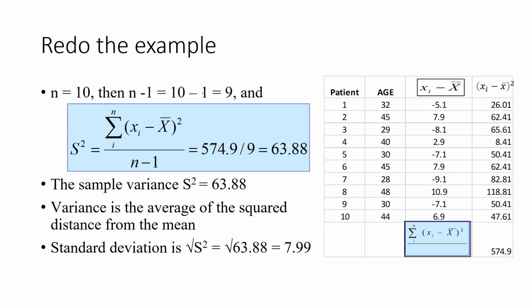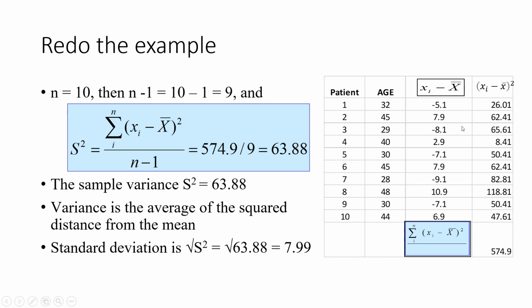So here's your example for standard deviation. We had the same 10 patients from earlier that I decided to torture. And so again, the mean age for them is 37.1. And here are the distances. Okay?